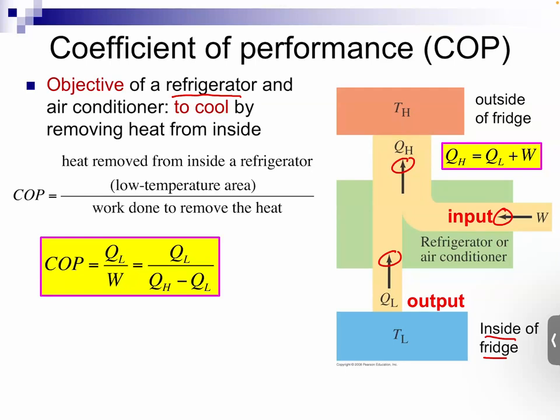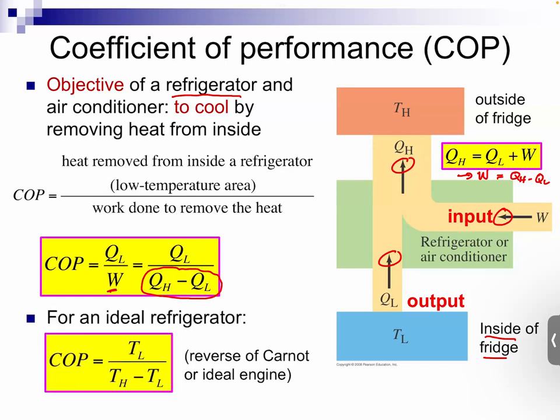And therefore, if we rearrange this equation, we can write work is equal to QH minus QL. Hence, we can substitute work equal to QH minus QL, and we have the coefficient of performance in the form of QL and QH.